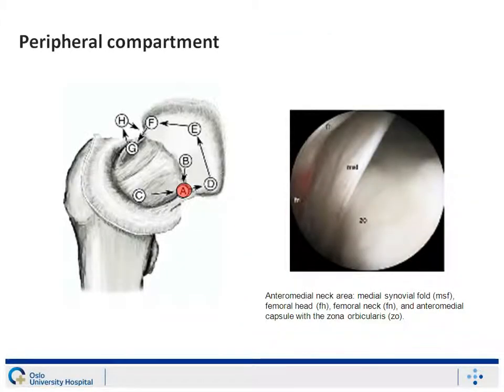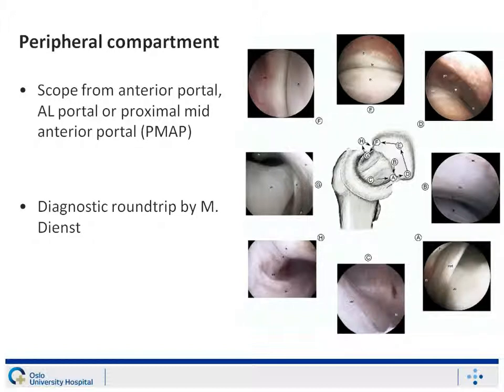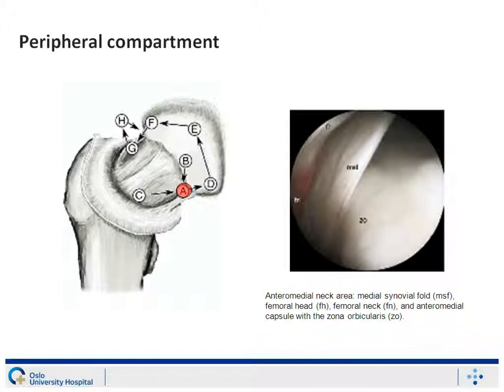And I will just take you through this little round here. We start at point A, which is the anteromedial part of the peripheral compartment. And this is what you then will see. You are now with the scope in this position, and you can see here the neck of the femur and the femoral head.